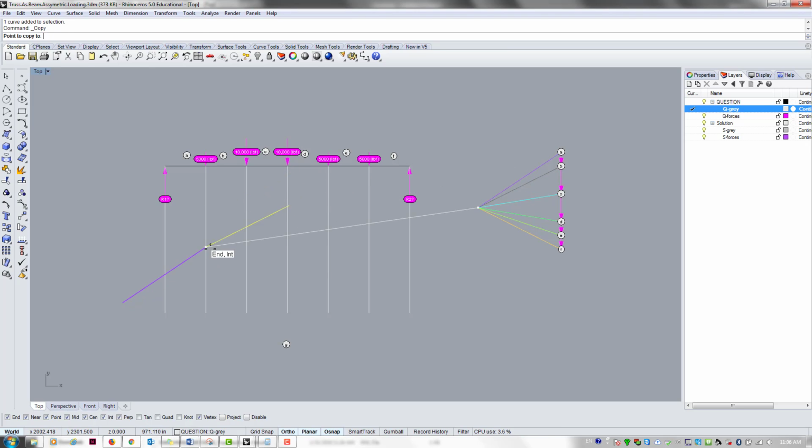B gets cut here. C is going to move here. D is going to move here. E is going to move to here. I'm going to trim it. F is going to move there, and ends here and ends there, right?